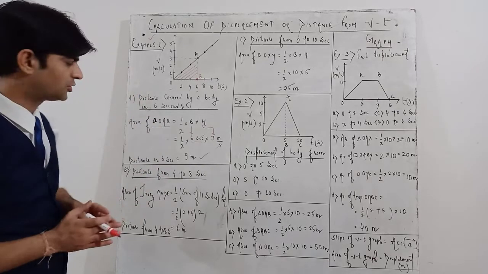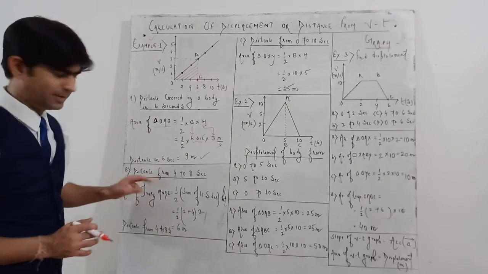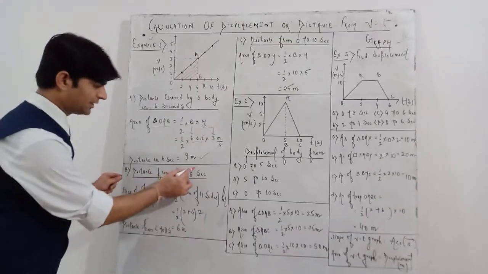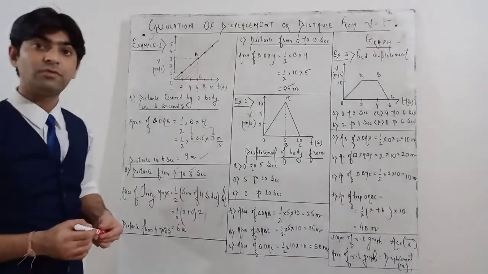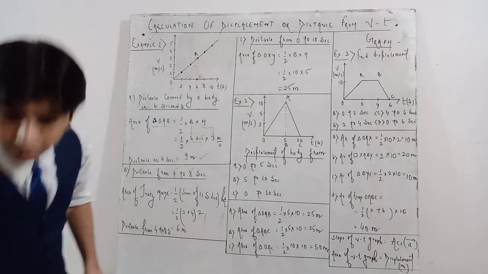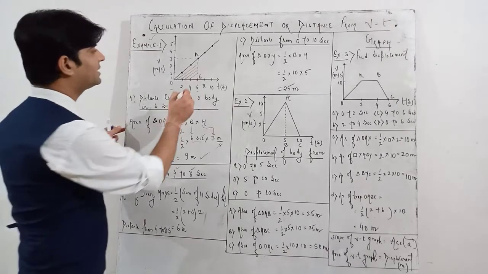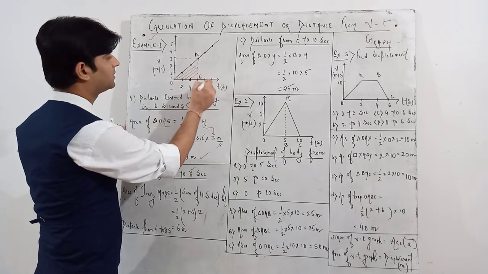This is unidirectional motion. Now the second case you may take: from 4 to 8 seconds you have to calculate. From 4 to 8 seconds, that means this point and this point.